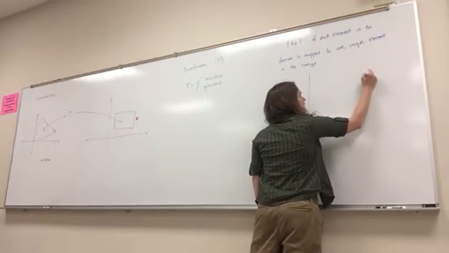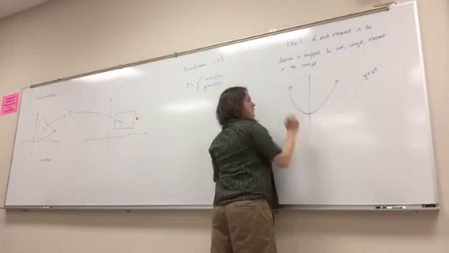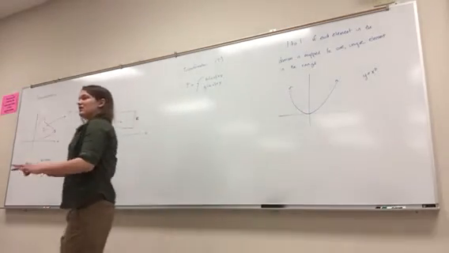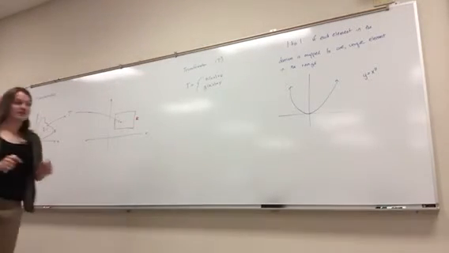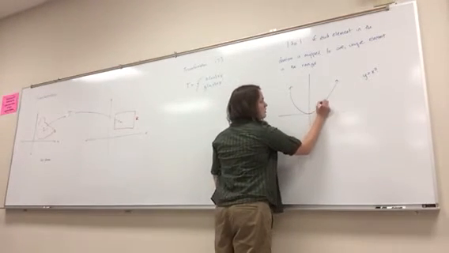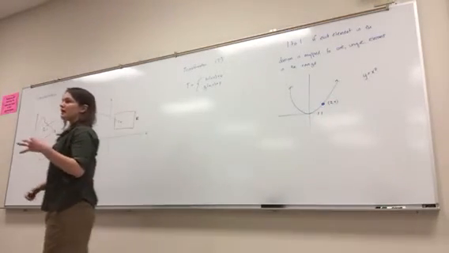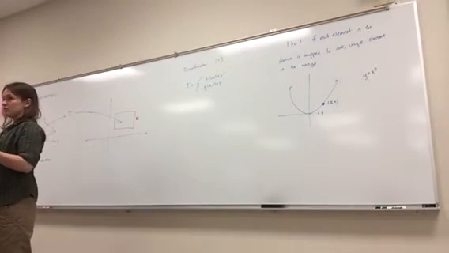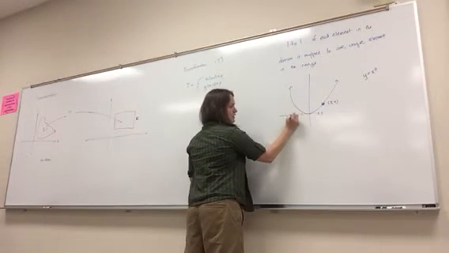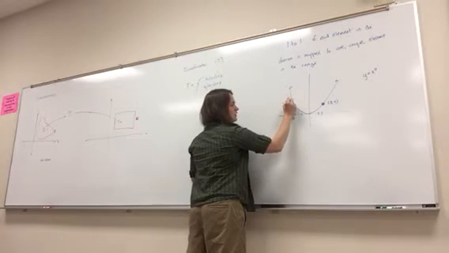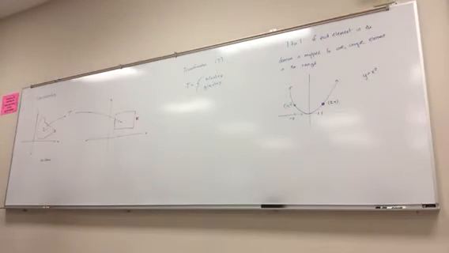The example we're going to look at for one-to-one is y equals x squared. Is each x value going to give me a unique y value? Let's think about it here. If I plug in x equals 2, I'm going to get 4 out. Is there a different x value I could plug in that would give me the same y value? What's the other x value that works? Negative 2, right? This function is not one-to-one because there are two values in my domain that go to the same value in my range.